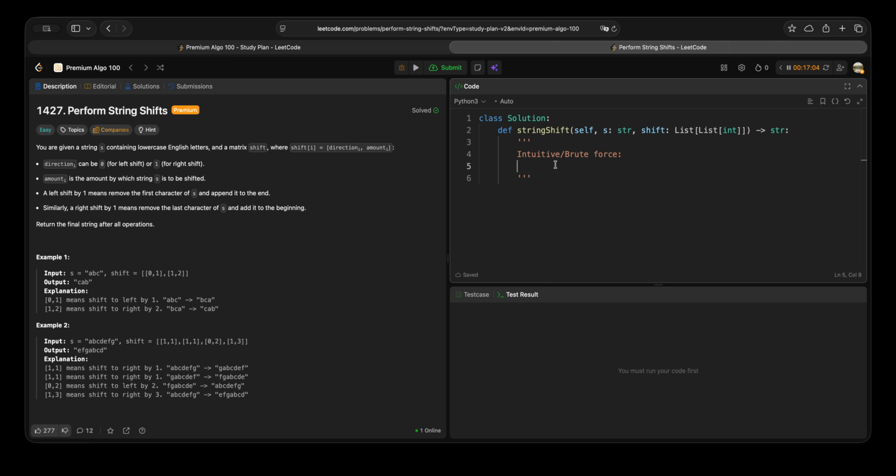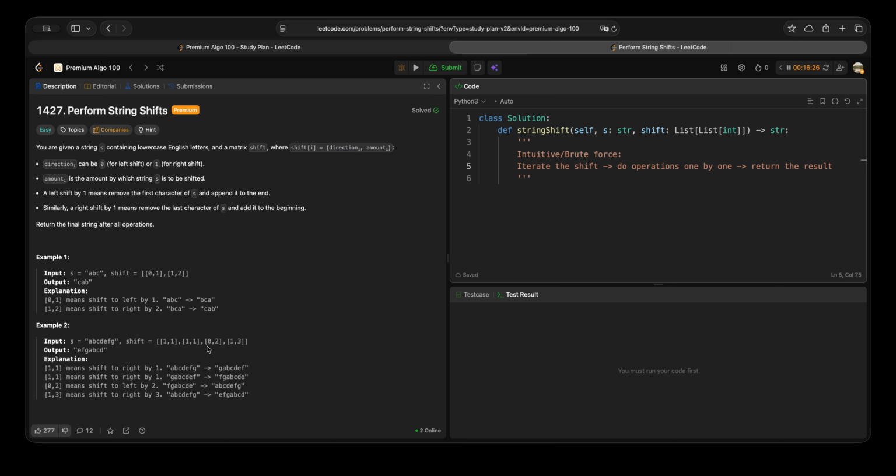There are just two operations, left or right. So we just iterate the shift and do the operations one by one, and lastly we return the result.